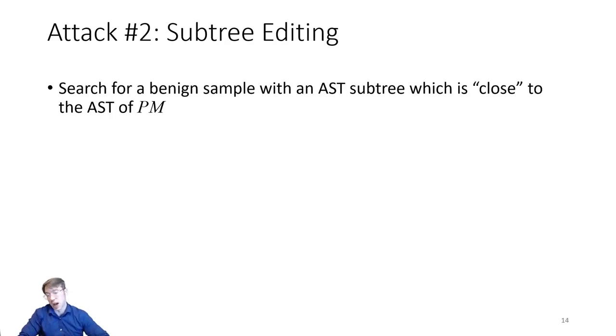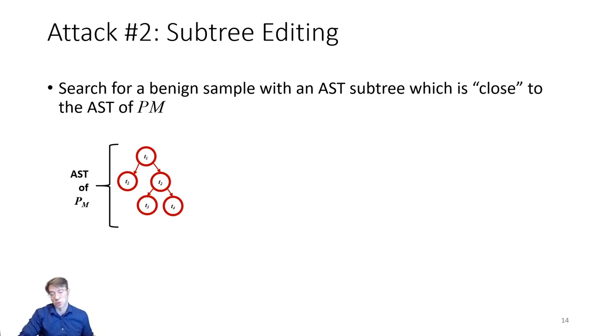The second attack that we develop, we call subtree editing, and this is designed to defeat a structural classifier. It works by looking through the set of benign scripts to find one which is close to the AST of the attack script.